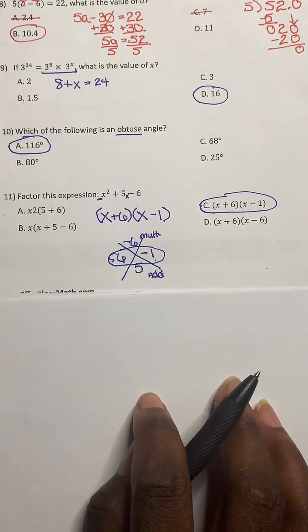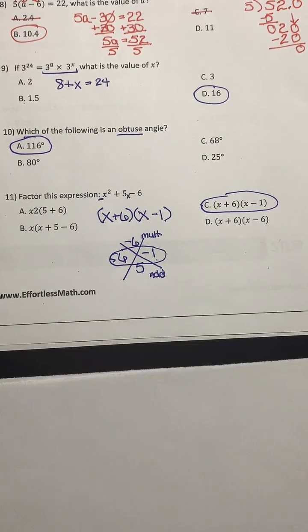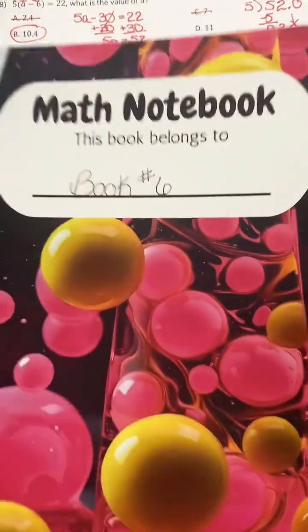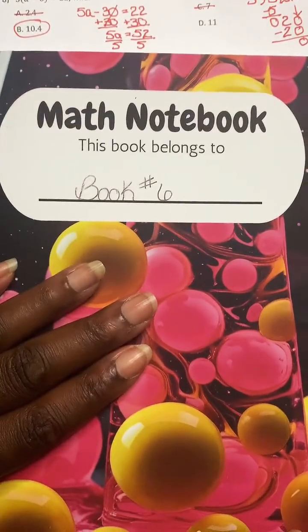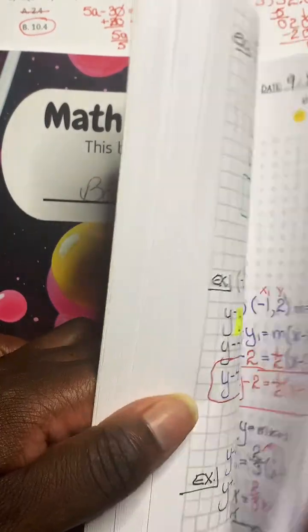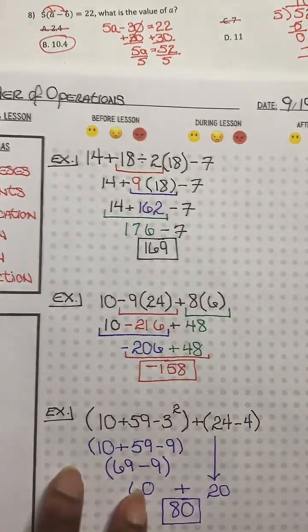So that is factoring. The factoring that we see right here is the reason why I designed my math notebook. For some of you that are wondering, what math notebook? Usually I do problems within my math notebook.